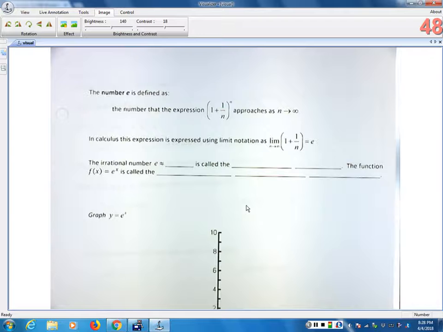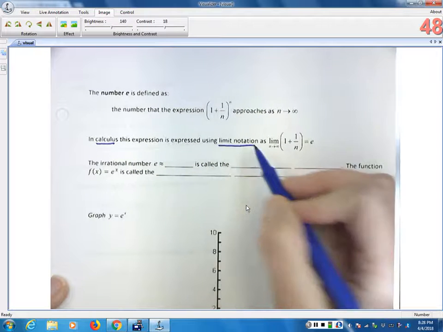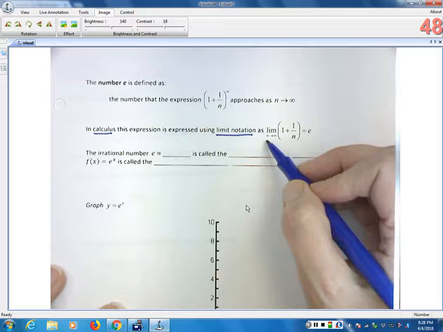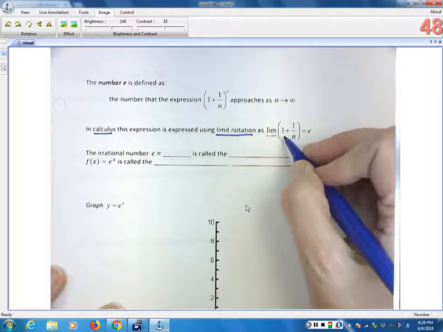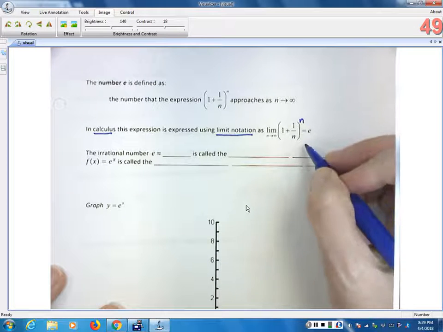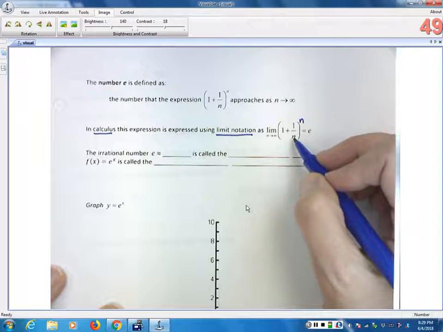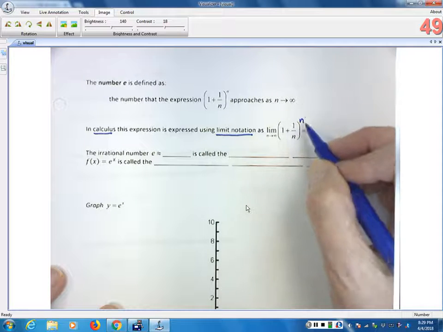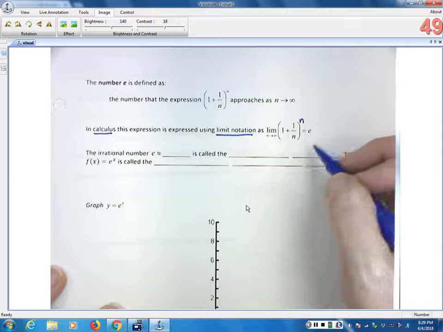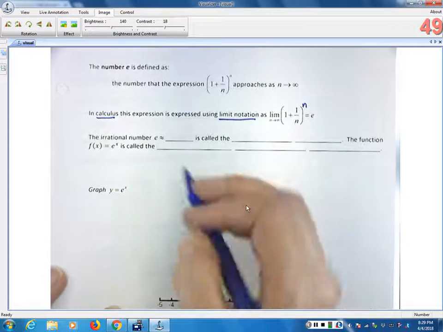In calculus we do this with limit notation: the limit as n goes to infinity of 1 plus 1 over n, and there's a typo here, there should be an n up here, all raised to the n power, equals e.